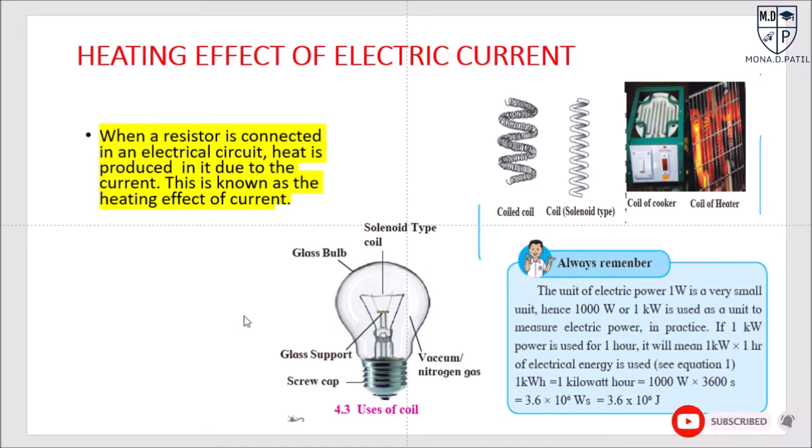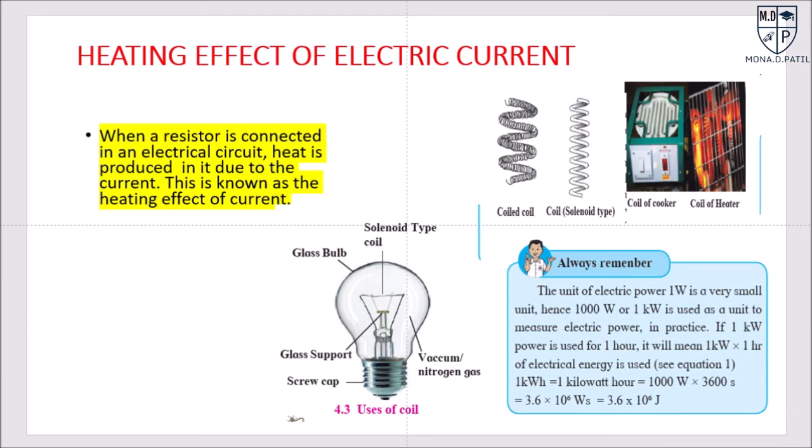So 1 kilowatt hour is equal to 1000 watt into 3600 seconds, since 1 hour means 3600 seconds. So it is 3.6 into 10 raised to 6 watt second, which is equal to 3.6 into 10 raised to 6 joule. So this is the unit of electric energy.